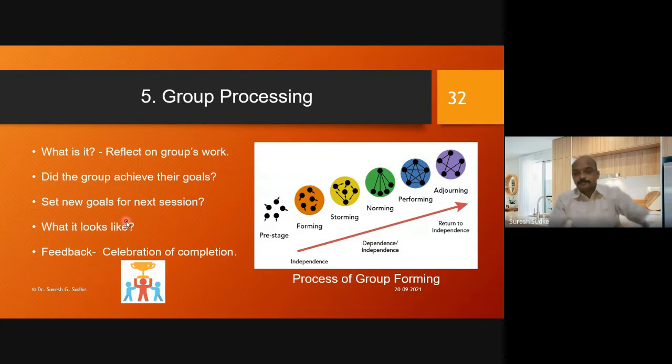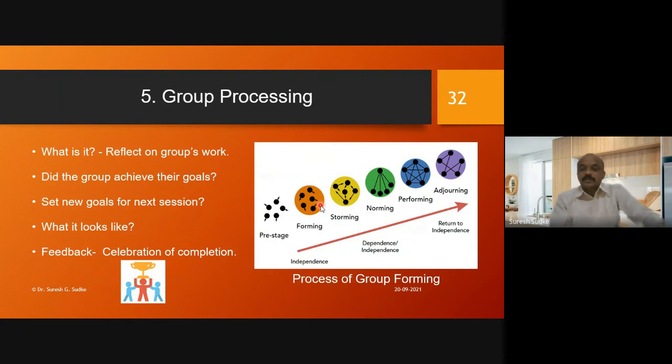You know that at the primary stage, when we are grouped together, we are very diverse, but we all have a common goal. Suppose it is passing a particular class exam, and that's why we are coming together.